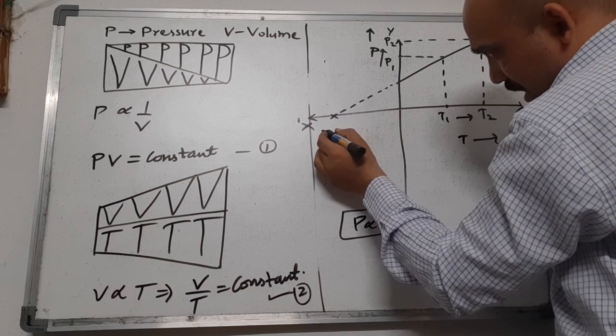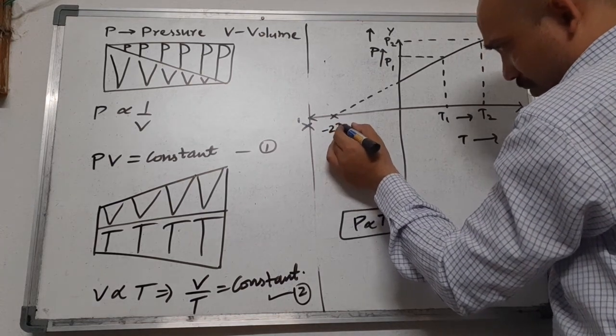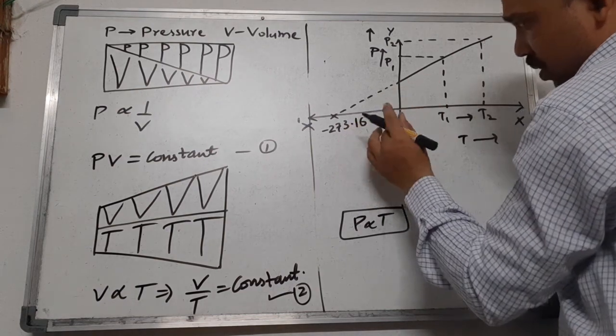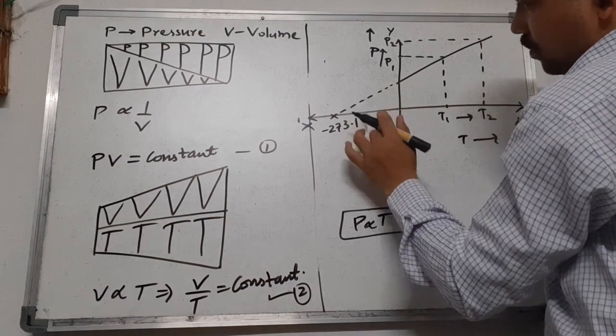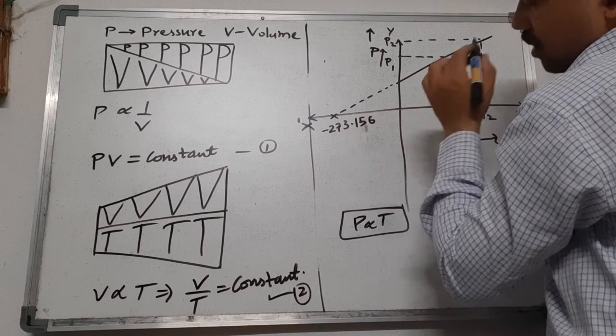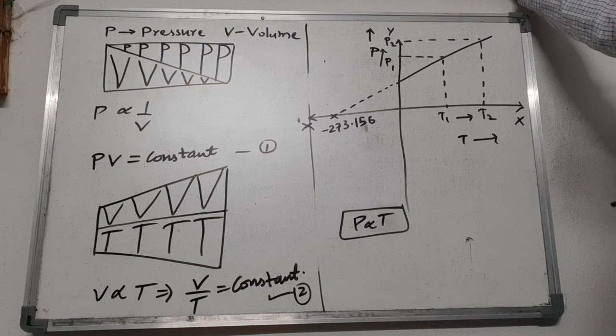I got it as exactly minus 273.16, or 273.15, and it goes on.